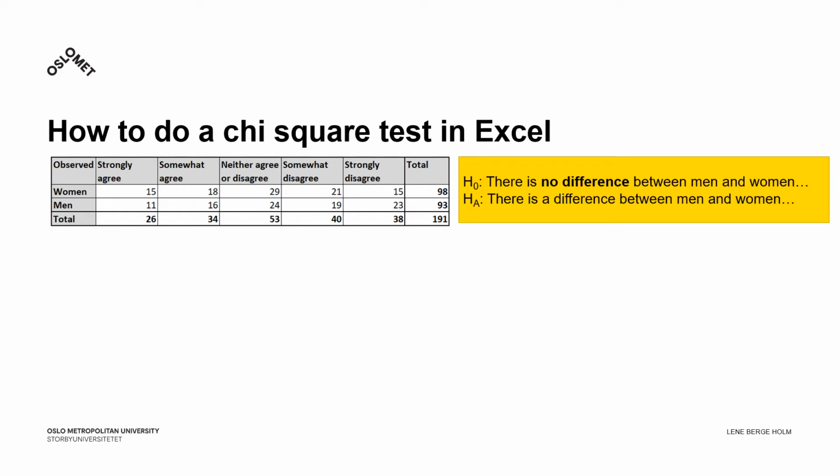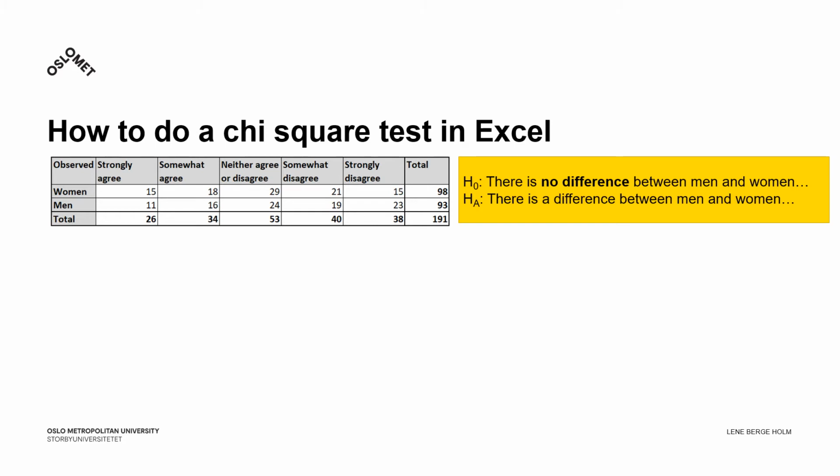We need to remember now about the null hypothesis. So if you haven't already seen the video on hypothesis testing and p-values and significance level, I encourage you to do that. As a quick reminder, the null hypothesis says that there is no difference between the two groups.